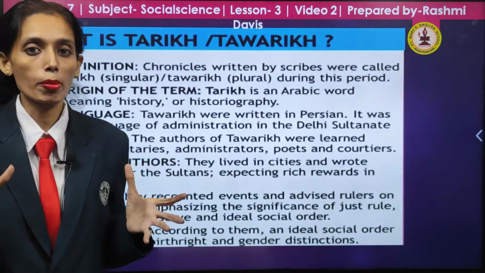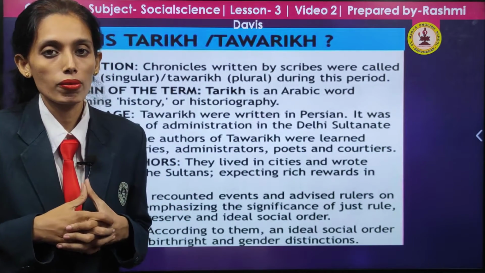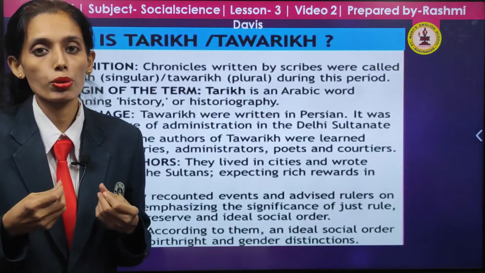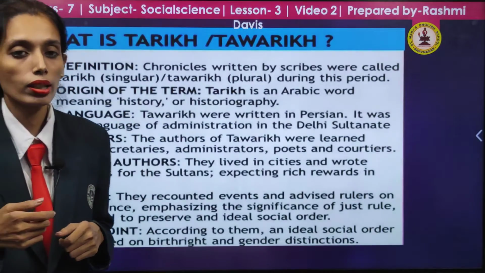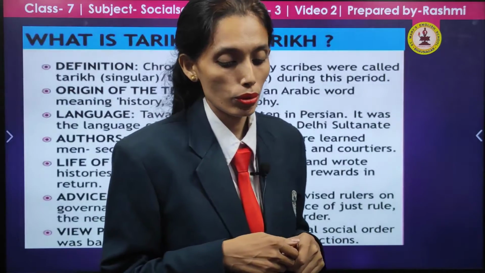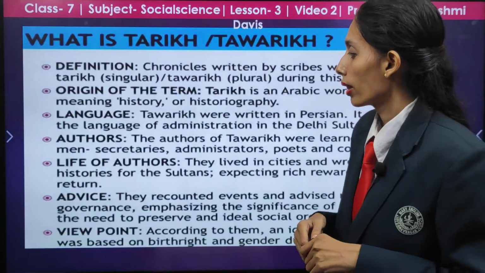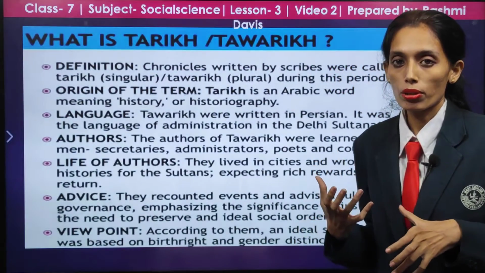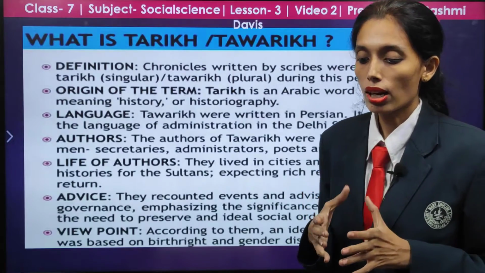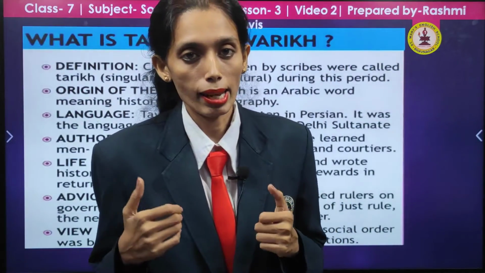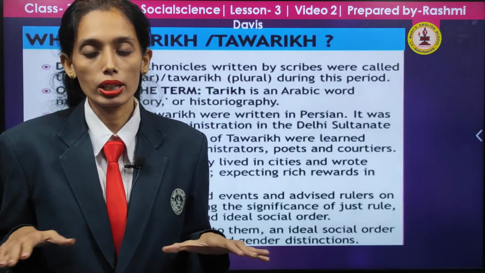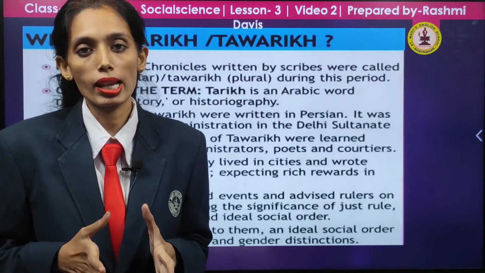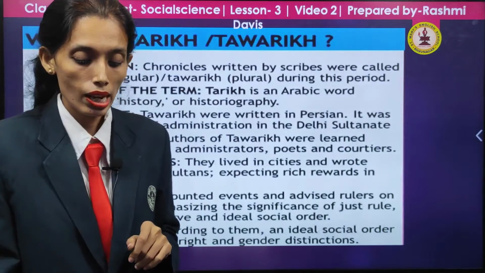It was a male dominated society, and the narrow mindedness could be seen when Razia Sultan came to rule. People were not ready to accept her as the sultan. Otherwise they accepted her as an intelligent lady. She was good at all, but they were not ready to accept her as the sultan of the empire.